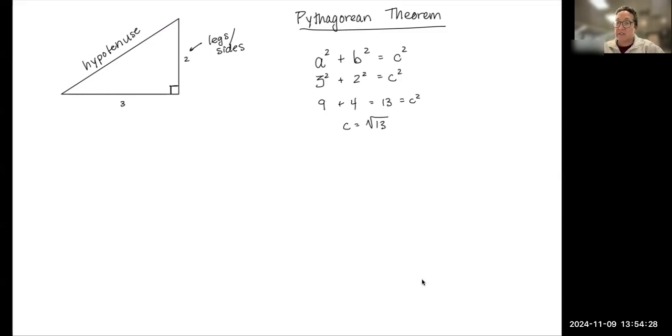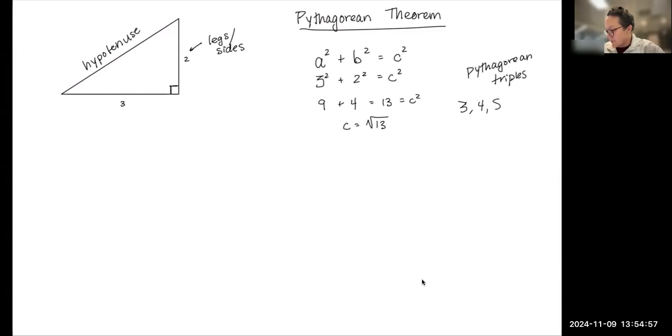I will say there are a couple of sets of numbers that are what we call Pythagorean triples, where the three sides can all be integers and still hold true with this. And these are basically those special triangles that you may have learned in a geometry class. And so the big one that a lot of people think about is a 3, 4, 5 triangle.